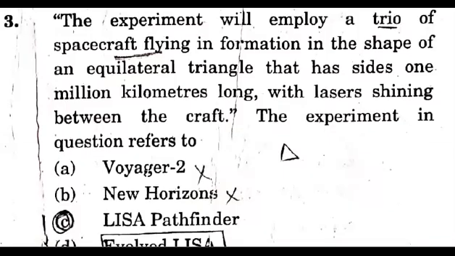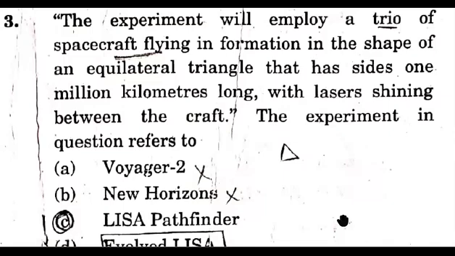Now, since this question is connected with space technology, we also have to weigh the options properly. So now, what are the options given here? What does this experiment question refer to?